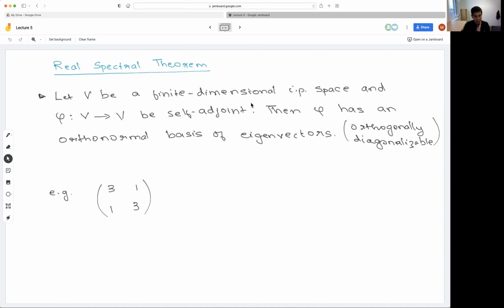So let's start with this matrix. It's a symmetric matrix, so it's self-adjoint under the usual inner product on R2. And I can observe that this matrix has two eigenvectors. I'm not telling you yet how to compute them. I just created this matrix so that I know the answer anyway.